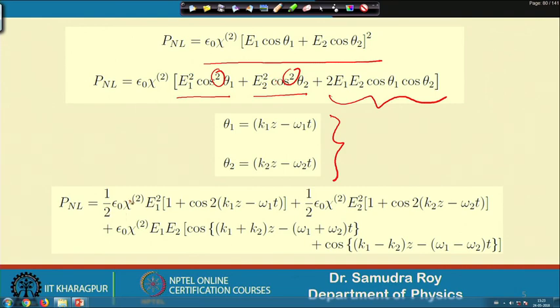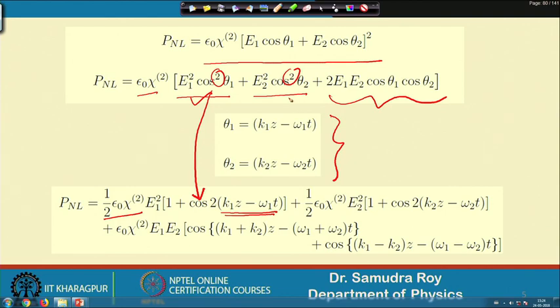So, half epsilon 0 chi 2 will be there, because I am taking half common. Let us consider only the first term. For the first term, half epsilon 0 chi 2 and E 1 square I will take, and cos square theta is represented by 1 plus cos 2 theta, and this 2 theta term is now represented by k 1 z minus omega 1 t.